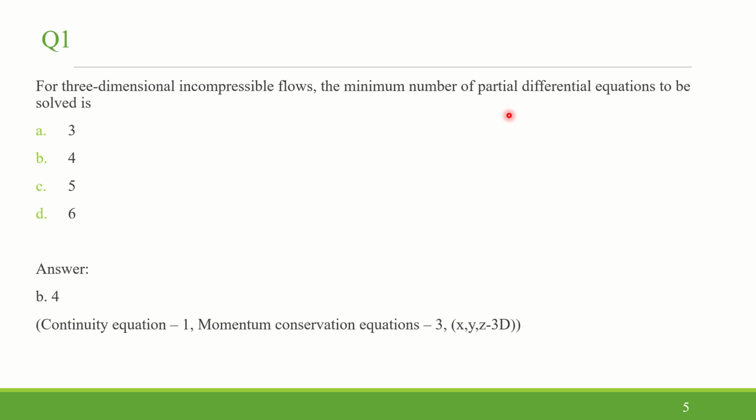Because in the system where we are considering incompressible flows, there will not be much variation in the density, so we are not accounting for the energy conservation equation. So we have 4. If it is compressible flows, it becomes 5. So we need to be clear on that.